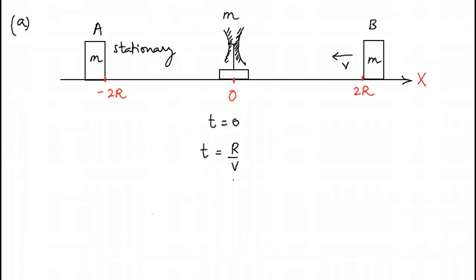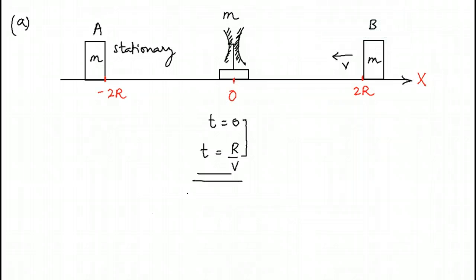So that's the new time. Note that the time interval which elapses is t equal to r by v itself, because the starting time is assumed to be t equal to 0. So of course we'll have to draw the new picture in which the objects are shown at this particular time.